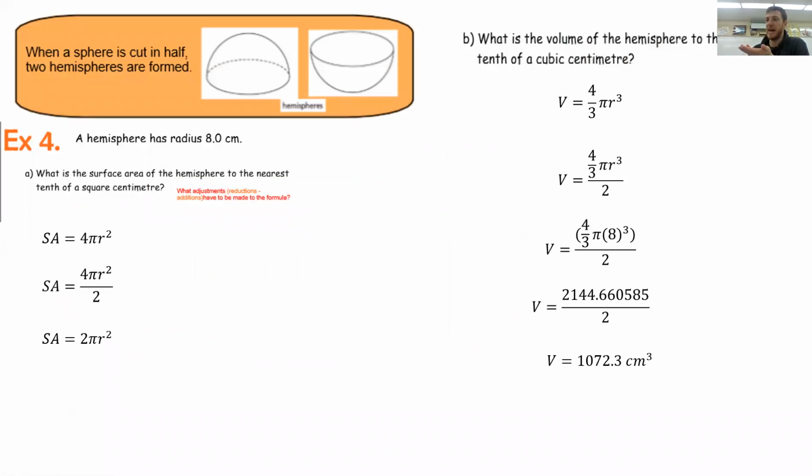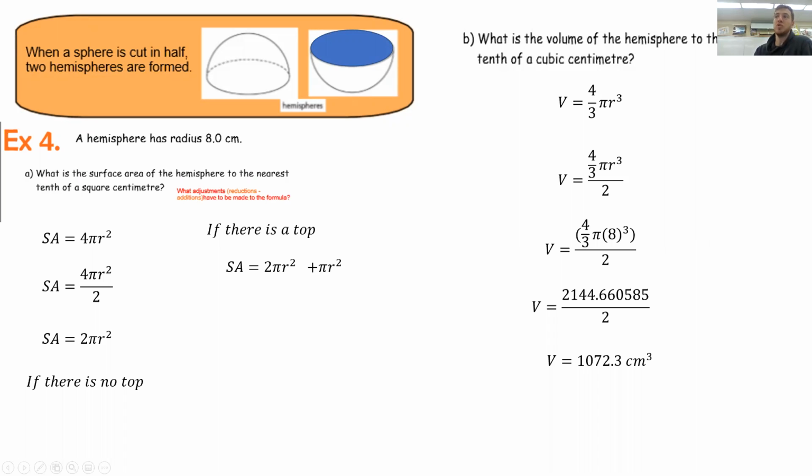You cut the ball in half, right? Once you cut the ball in half, it will look like a salad bowl almost. There's no top to the salad bowl. But a hemisphere, a complete half shape, is not an empty top. You need to put the top on it. So you need to add in another circle.